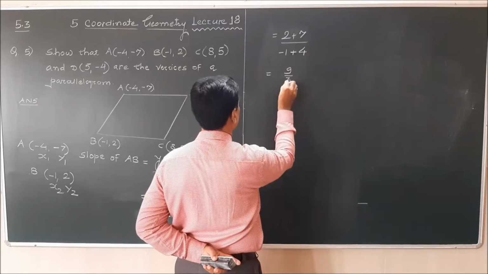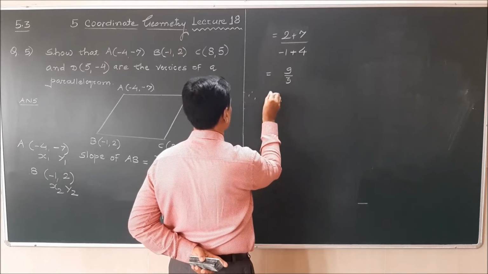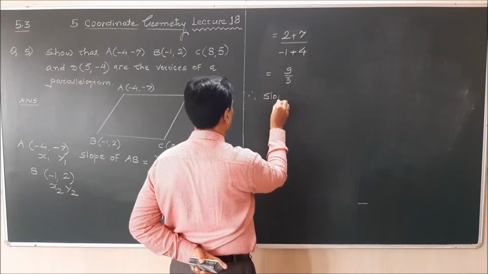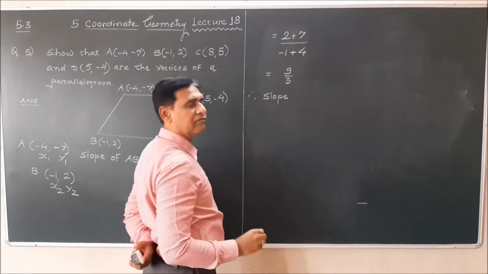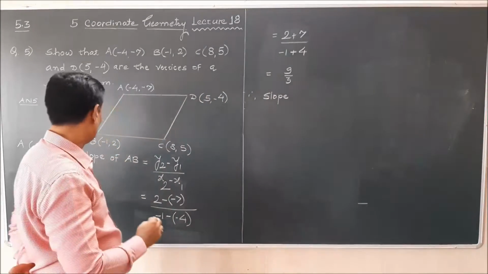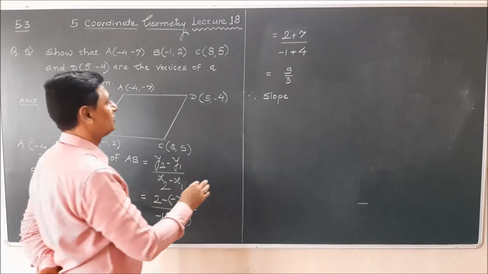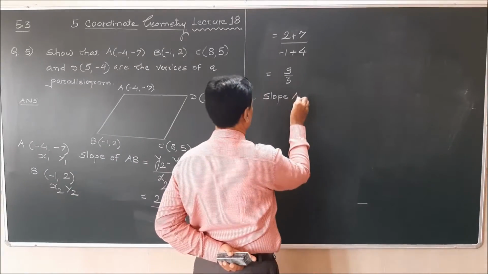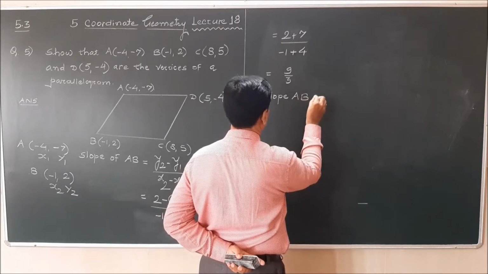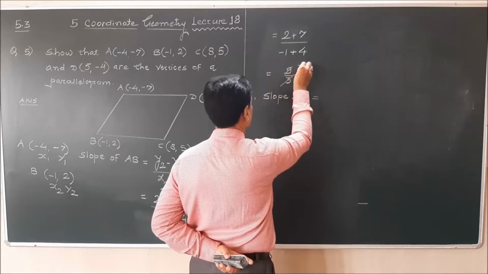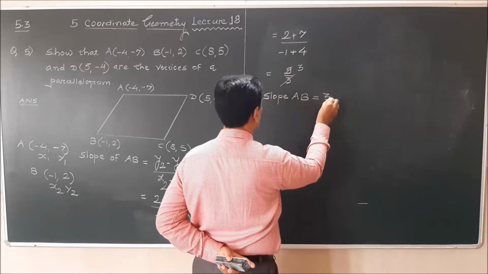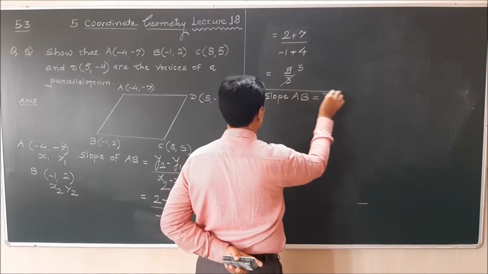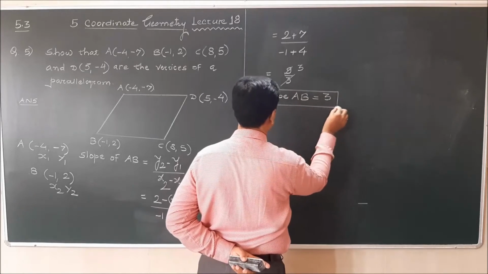Therefore, in this case, I am finding out the slope of AB as 3 is a 9, very simple. So the slope of AB is 3.